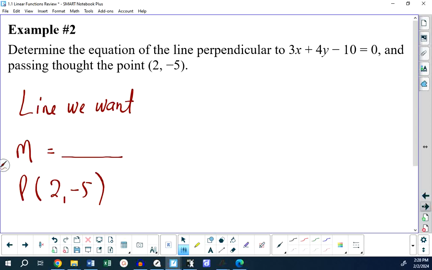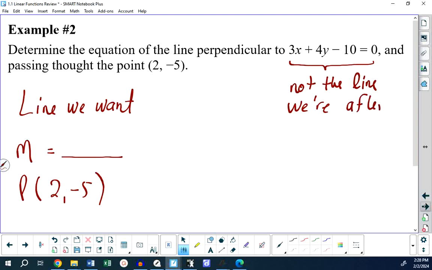Can you confirm for me, Alex, does your question say perpendicular? Okay. So this is not the line we're after. Right? It's not the line we're after. The line we're after is perpendicular to that line.